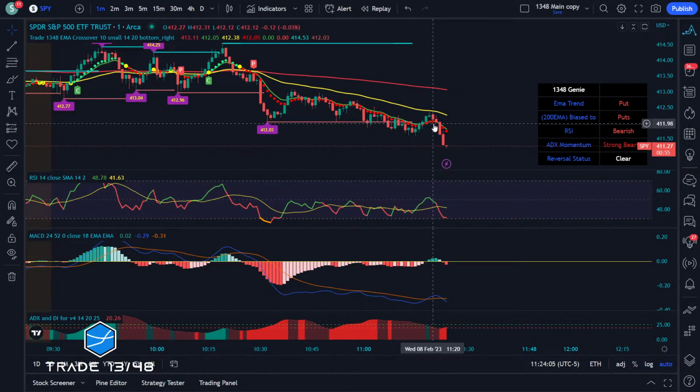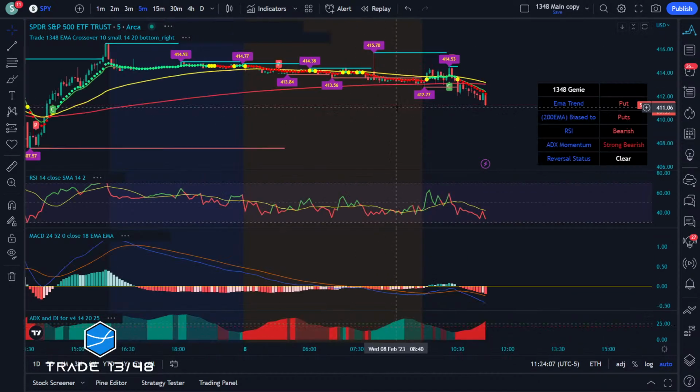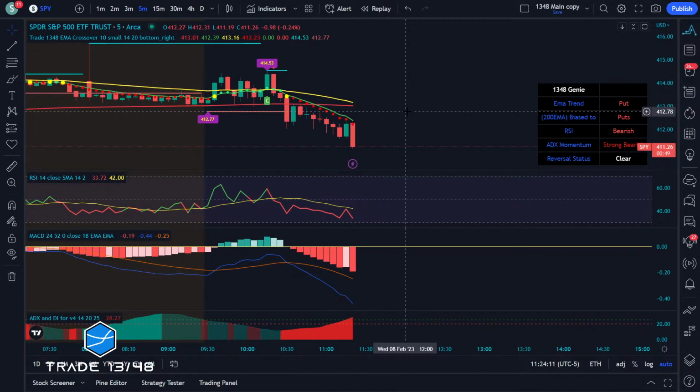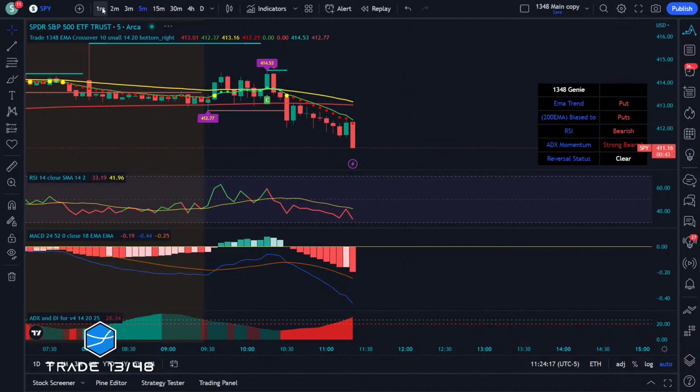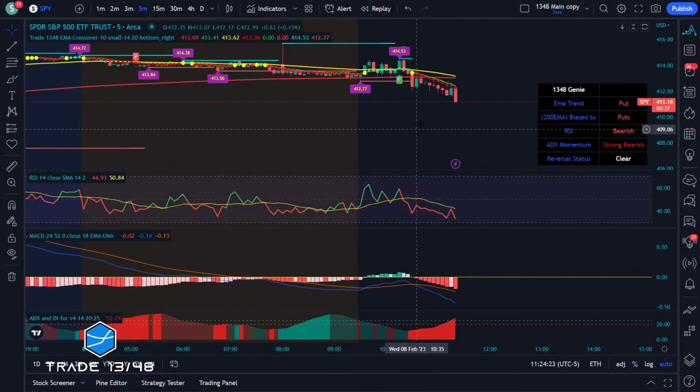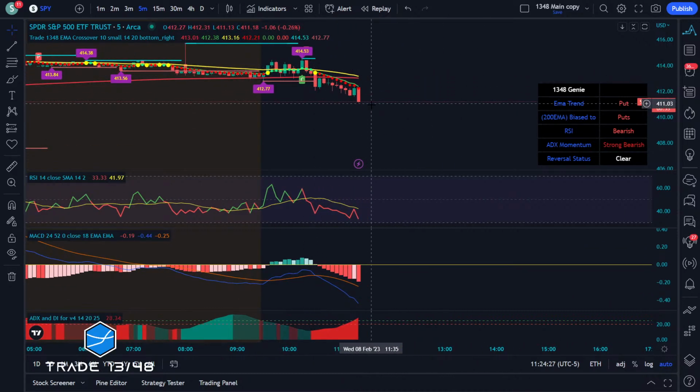Okay. We go to the 5 minute here. And again, it's using the 1 minute to give you information on the 5 and then using the 5 to give you information on the 1. So if you were anticipating a reversal on the 1 minute, you still had the 5 minute giving you information, and you're like, nah, it's not ready.